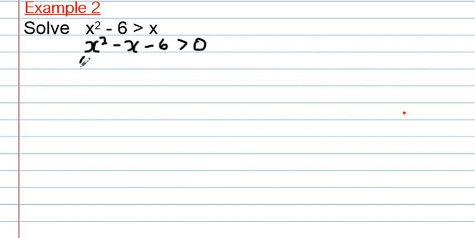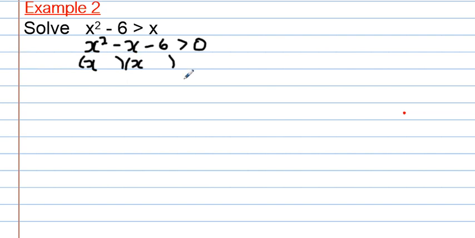We factorize. We need two numbers that you multiply together to give you minus 6, and they add together to give you minus 1.